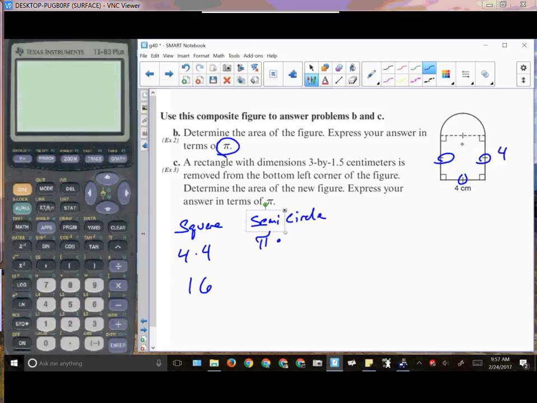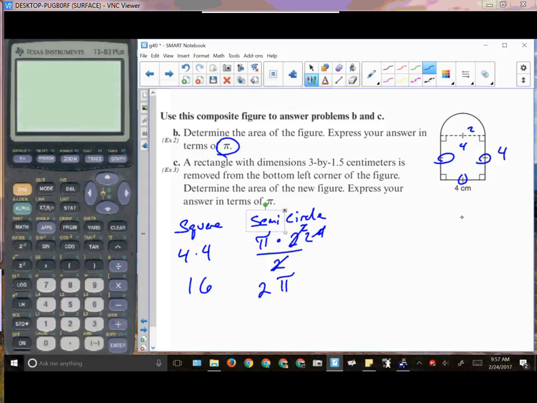Well, if this is 4, what's the radius? 2 times 2 squared. Then I got to cut it in half, right? Which is 2. Well, what's 2 squared? 4. So, that's 4. 2 goes into 4 2 times. So this works out to be just 2 pi.